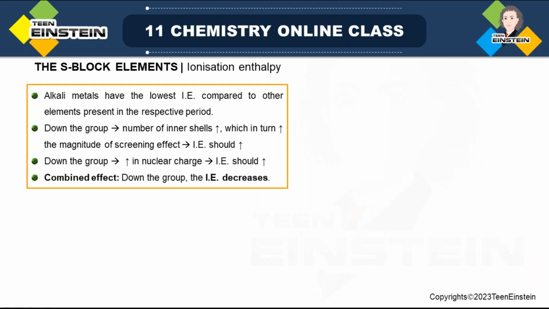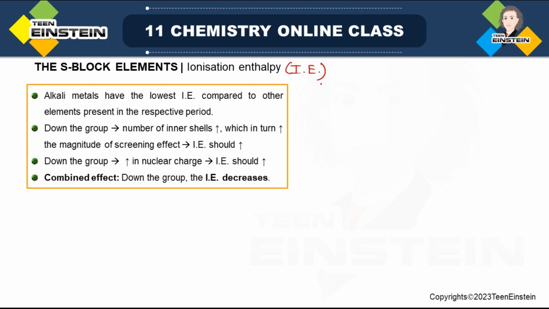Next atomic property is ionization enthalpy. In short, it is IE. You can also say ionization energy. They have the lowest ionization energy compared to other elements in that particular period. Because see, they have the largest size. So removal of the last electron is ionization energy.